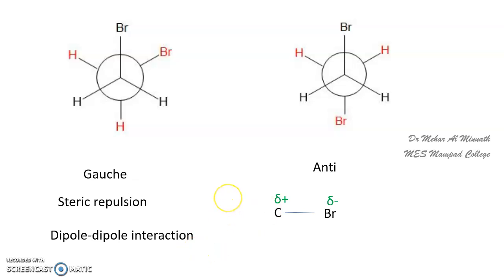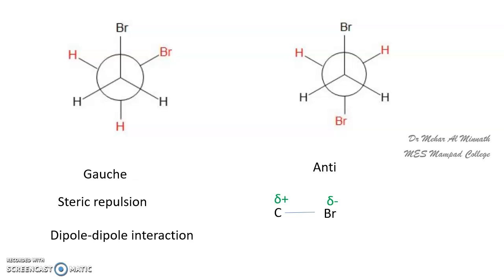So in gauche conformation, there will be steric repulsion and dipole-dipole interaction, because of which the energy of the gauche conformer will be increased compared to the anti-conformer. And in case of eclipsed conformation, the steric repulsion and dipole-dipole interaction will be at its maximum. So when compared to gauche conformation, eclipsed conformation will be having the highest energy.